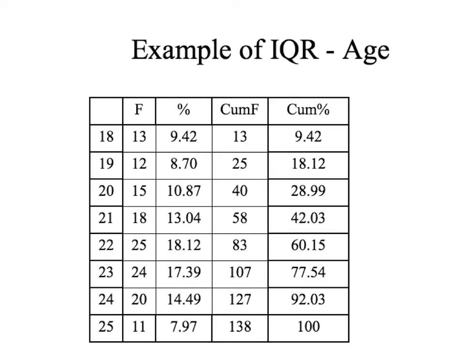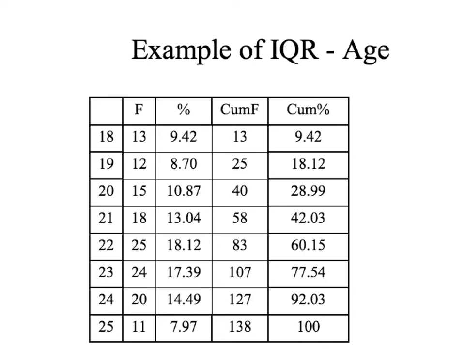So we're going to figure out our Q1, Q2, Q3 the same way as we would do the median. Remember when we were calculating the median, we were looking down the cumulative percent column and finding the first case to go above 50%, and that would be our median. We're going to do the same thing with quarters.